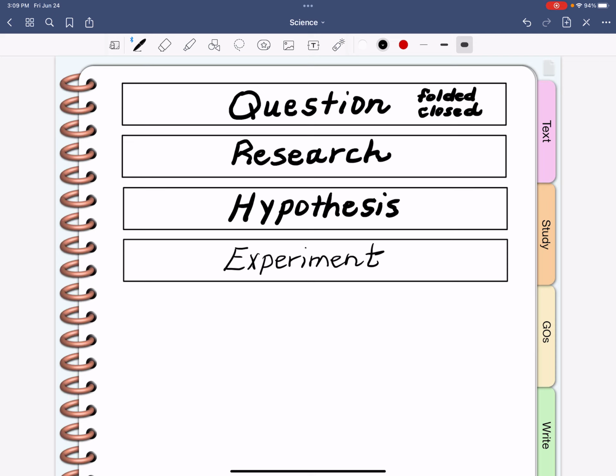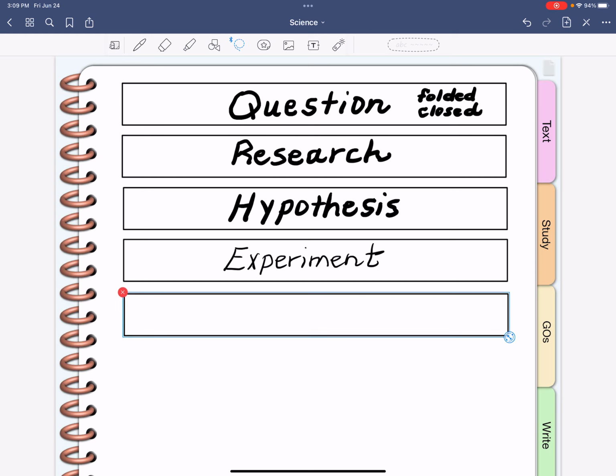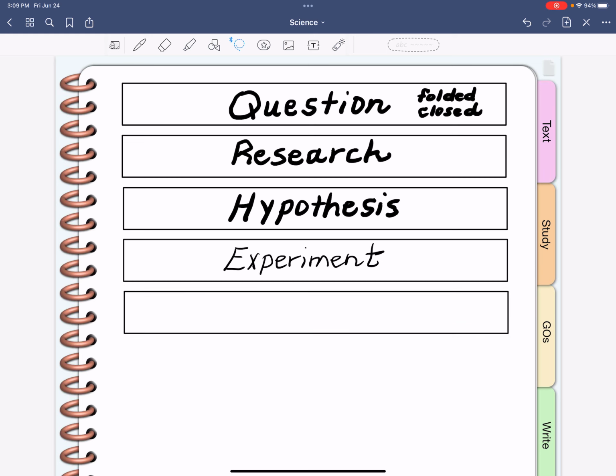Now, you can glue these down in order. Just put glue on the back so that you can still open the little flip. Or you can just put them in an envelope and keep them so that you can put them in order. I would almost say just put them in an envelope and then you can practice sorting them when you want to practice the scientific method.